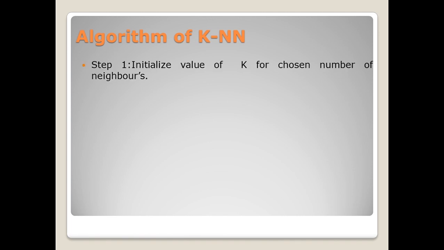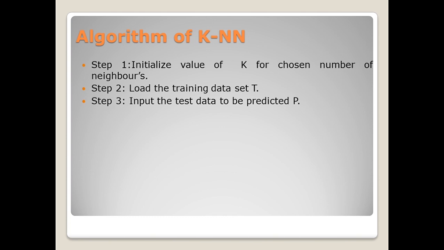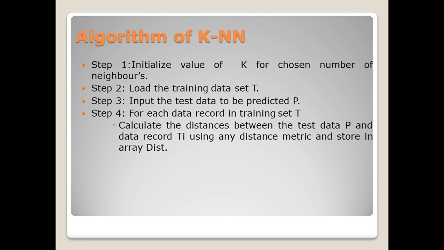So the various steps performed for the KNN algorithm are: first, we will initialize the value of k. We will load the training data. Then we will input the test data to be predicted. For each record in the training set T, we will calculate the distance between the test data P and the training record Ti using any distance metric and store the differences in an array called dist.